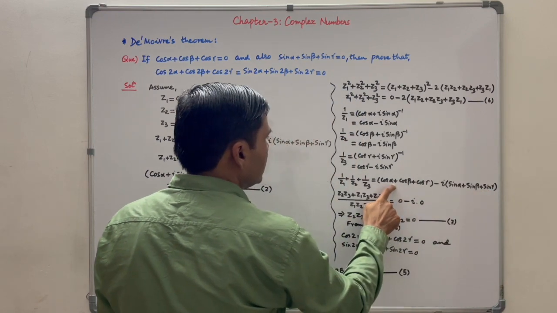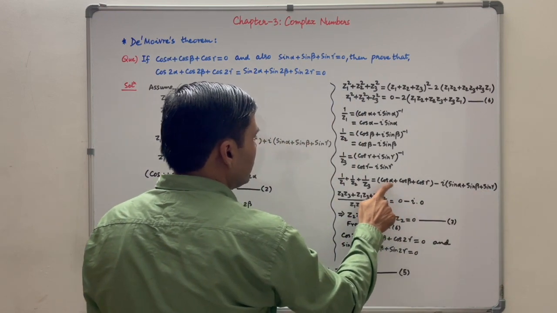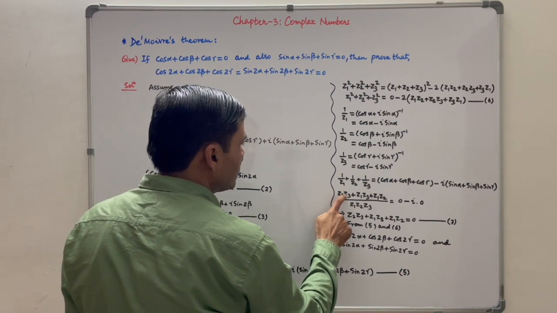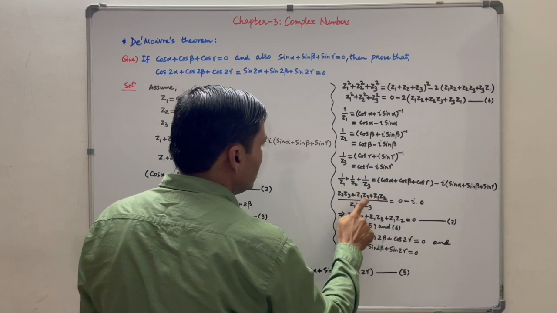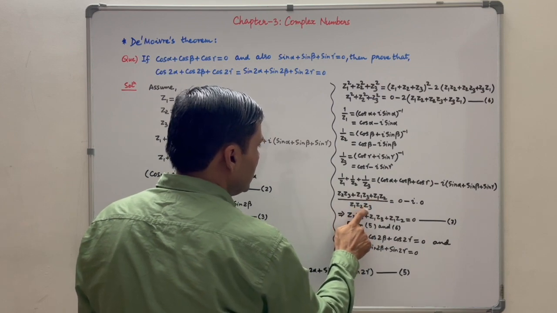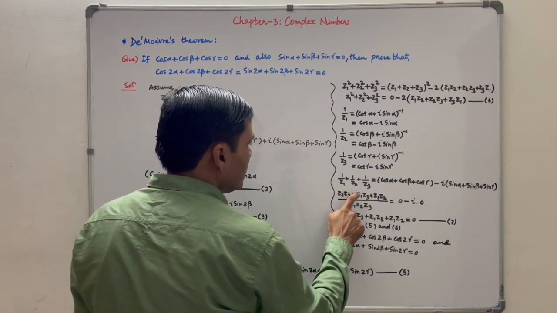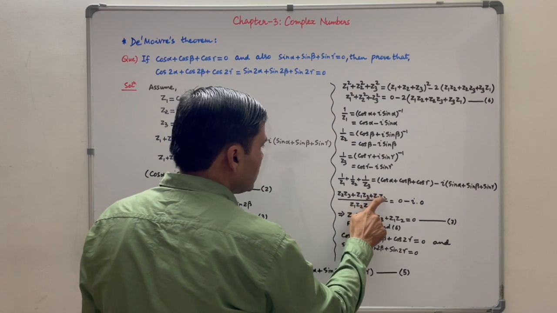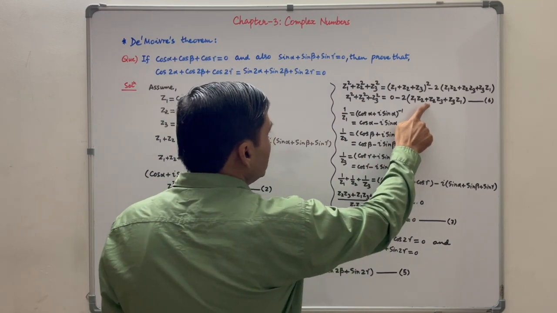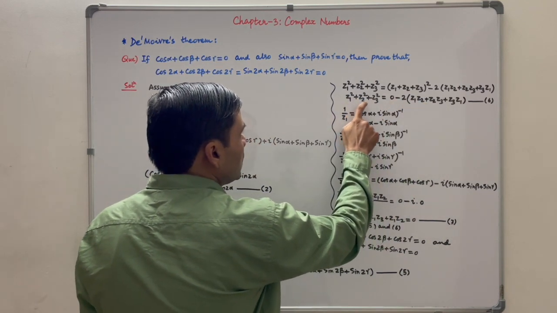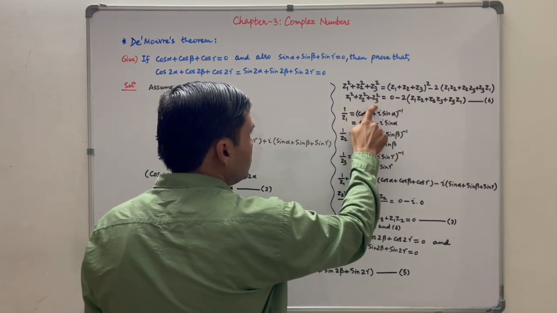So the right hand side is equal to 0 and the left hand side will be z2 z3 plus z1 z3 plus z1 z2 upon z1 z2 z3. So z2 z3 plus z1 z3 plus z1 z2 is equal to 0. We will put this value here. So z1 square plus z2 square plus z3 square is equal to 0.